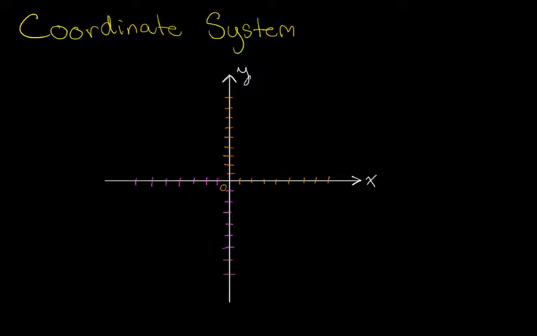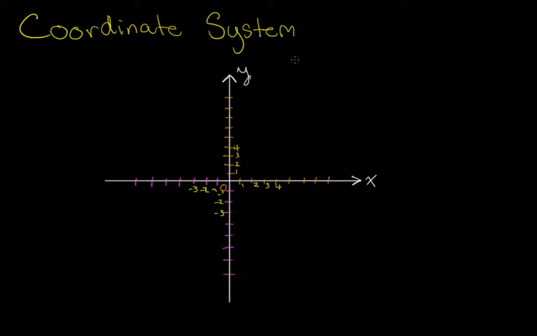So if I was doing even intervals, I could say this is -1. This is 1, this is 2, this is 3, 4, and so on. 1, 2, 3, 4, and this would be -1, -2, -3, etc.